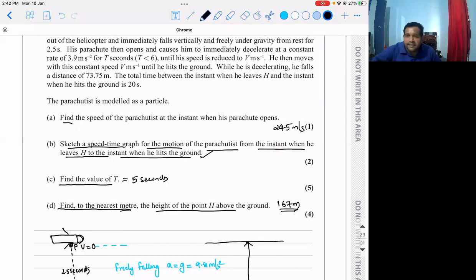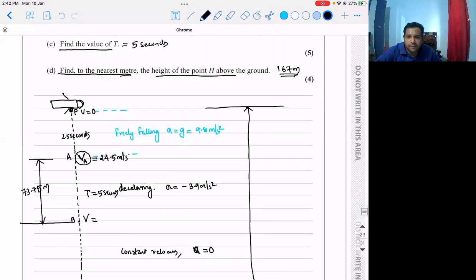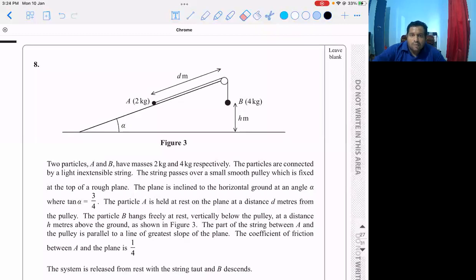Okay. So the last question in this question paper. Question number 8. This is a question connected with friction and an inclined plane.